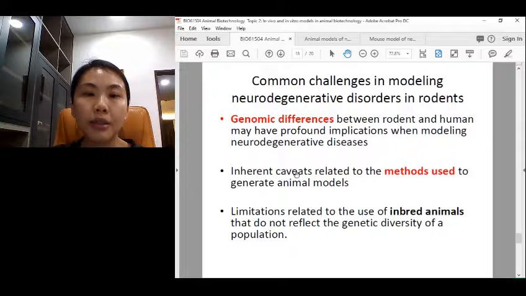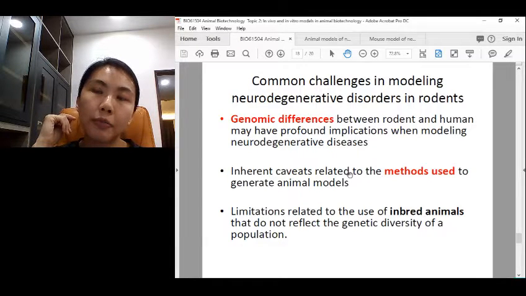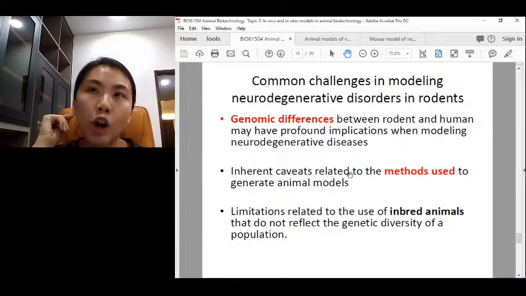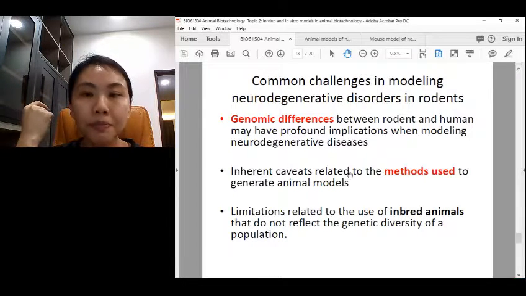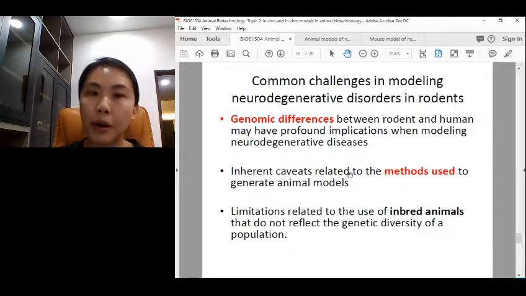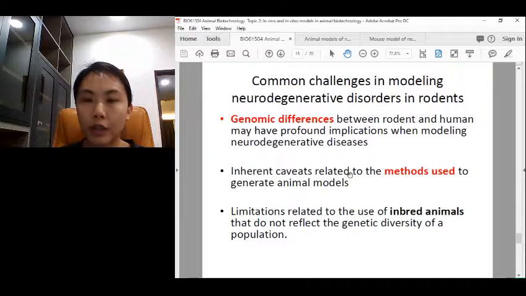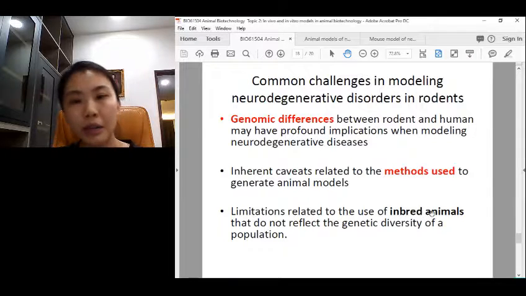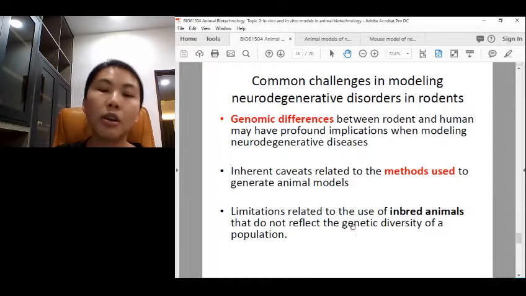And there are inherent caveats related to methods used to generate these animal models. So we will look at one of the papers later, where slight differences in the experimental methods of analyzing cognitive behavior in mouse really generate different results. So we'll look at these differences in the methods used for analyzing results of cognitive behavior, and also the limitations related to the use of inbred animals that do not reflect genetic diversity of the population.